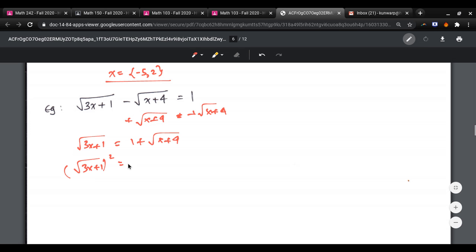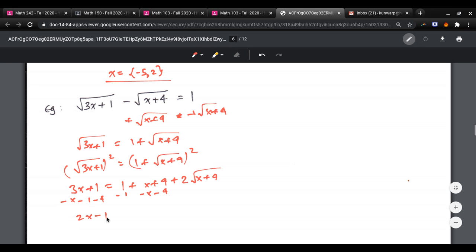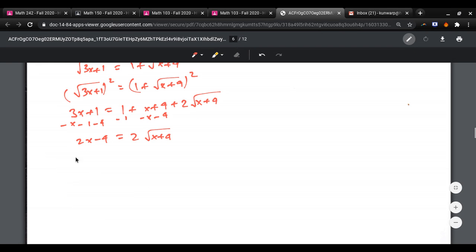And then you square both sides, because that way you get rid of at least one of the radicals completely. The second one you will not be able to get rid of completely because you're going to have a 2 root x plus 4 term. But now you can convert this into something that we have seen before. Namely, now this is a radical on one side and no radical on the other side.